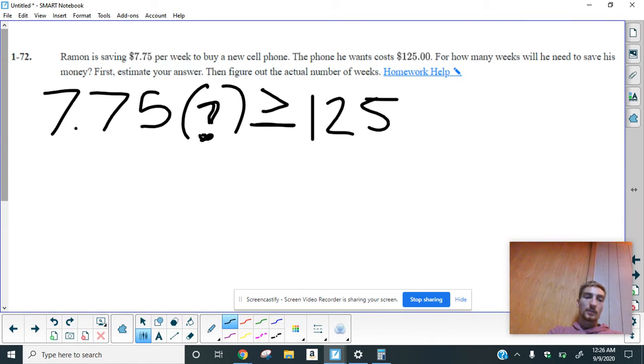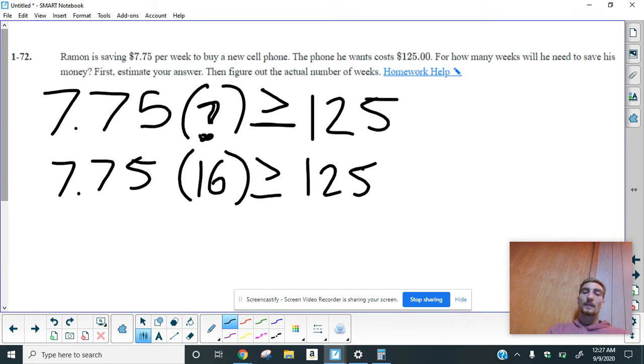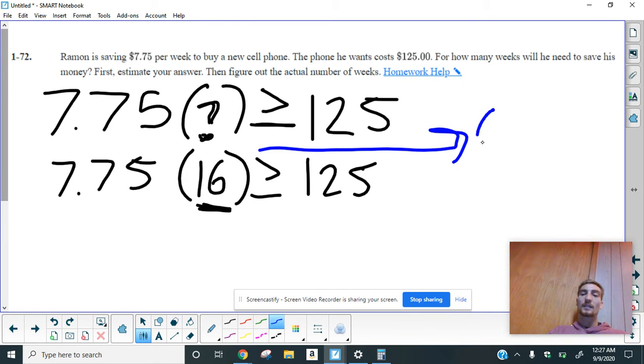Okay, so I am going to guess and check here. I'm going to say maybe if we work 16 weeks, I think if we multiplied that by 7.75, we might get greater than or equal to 125. So again, the 16, that is just purely a guess, but I think it's a good guess.